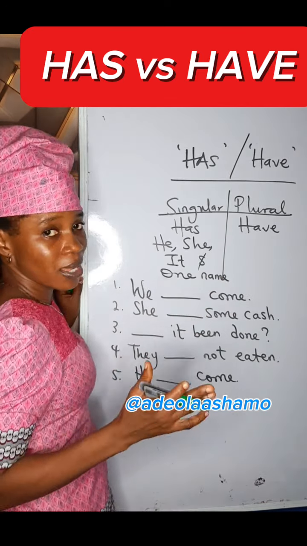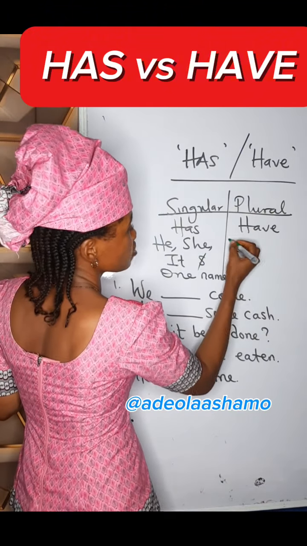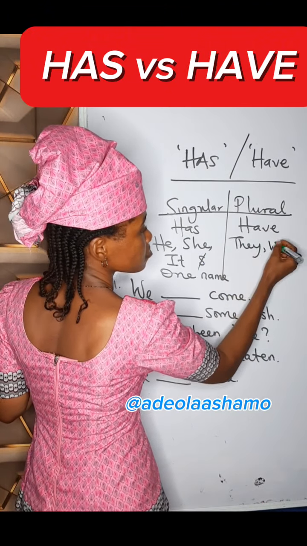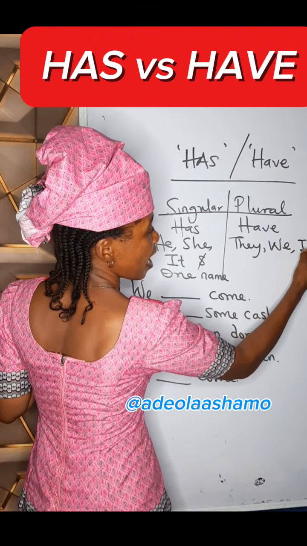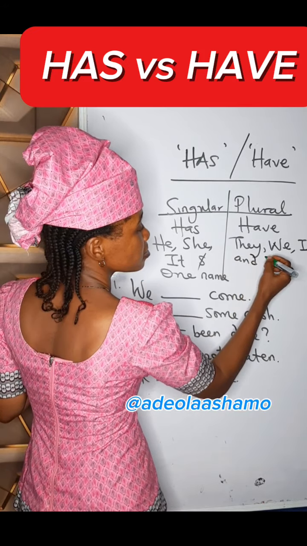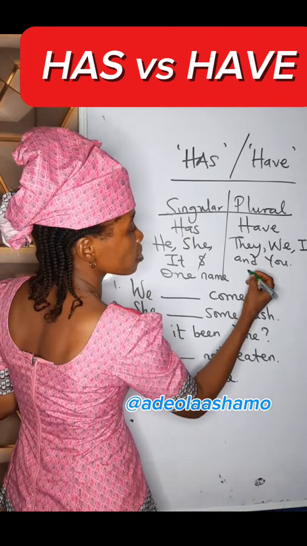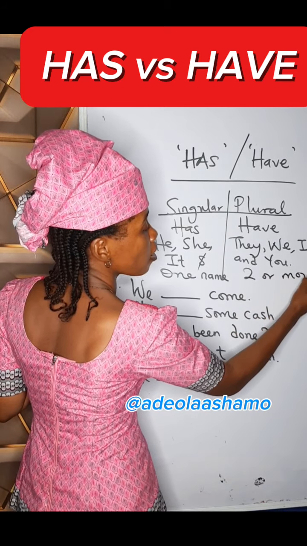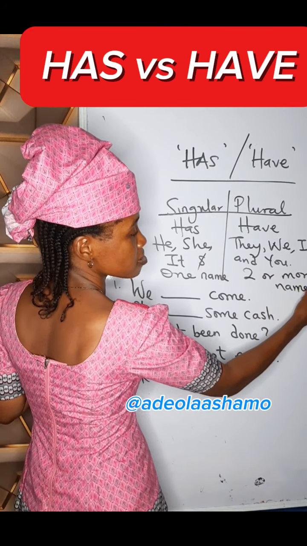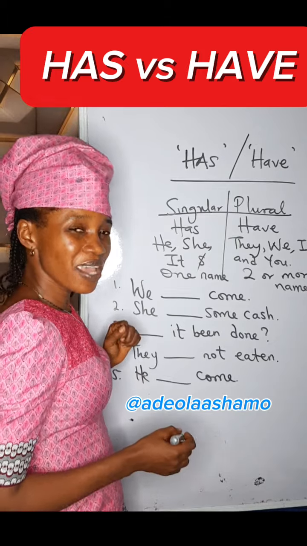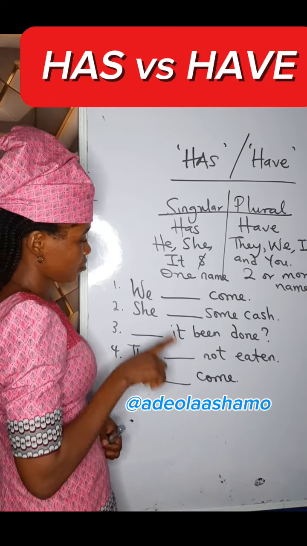Yes, like Adeola. Have is used with they, we, I, and you, and also with two or more names. Do you get that?